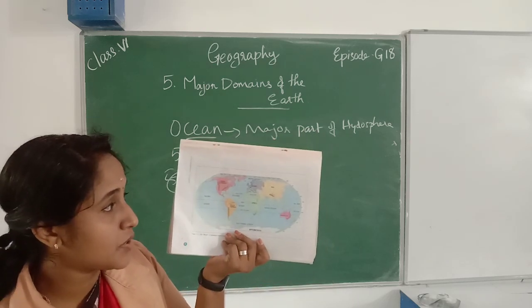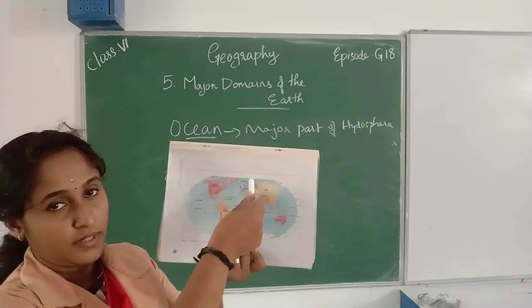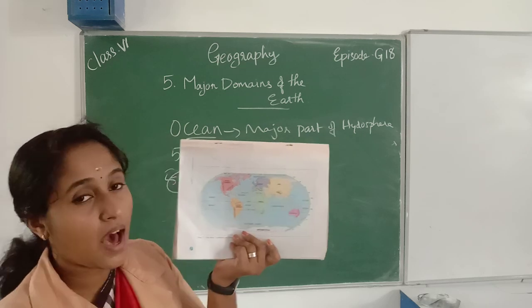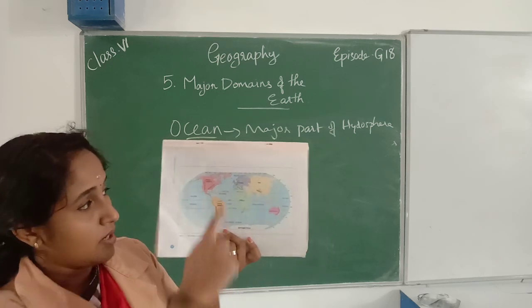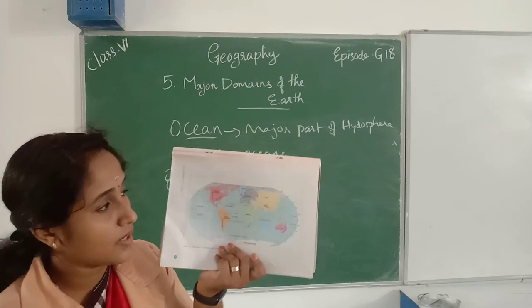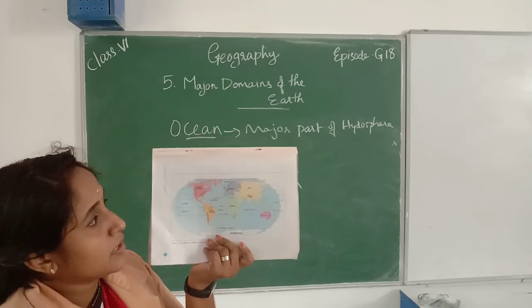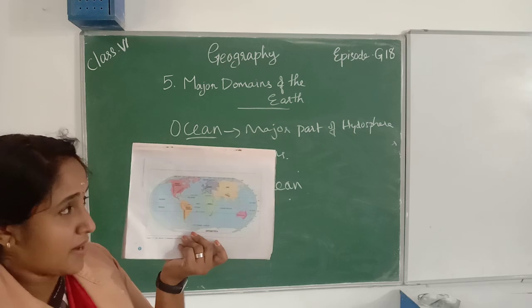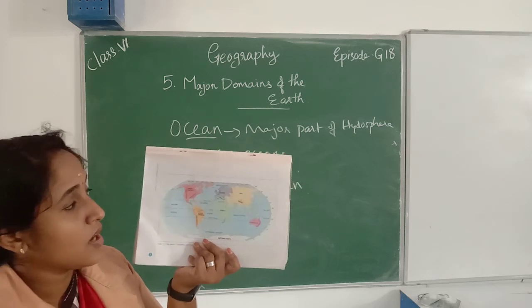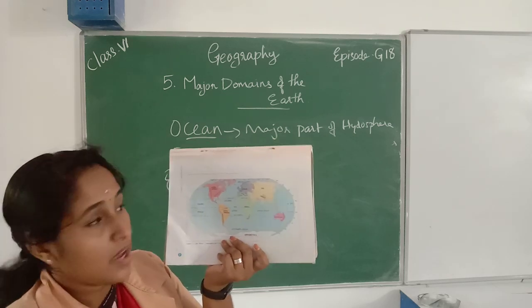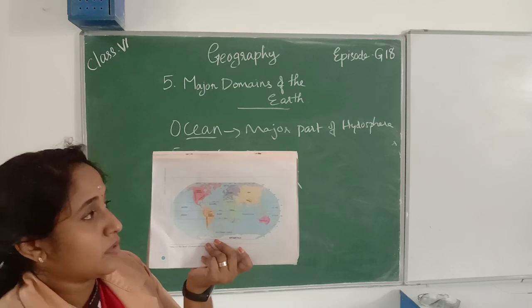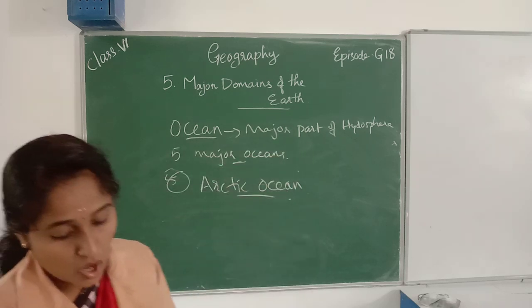Where is the Arctic Ocean? There. This is the Arctic Ocean. The continents are Europe and Asia. These continents, Europe and Asia, are covered by the southern part of the Arctic Ocean.